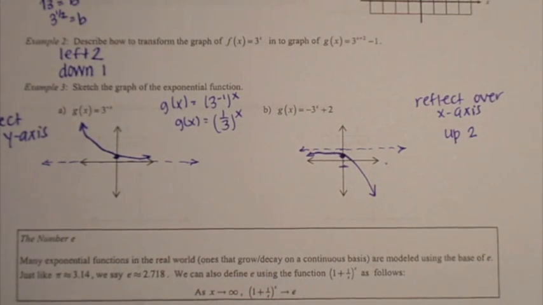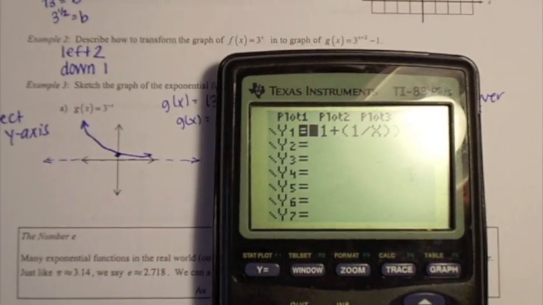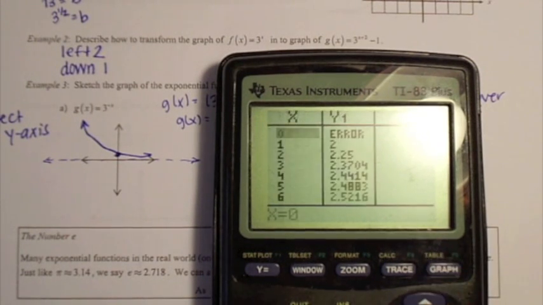Let's try convincing ourselves that this function approaches e using the table function of our calculator. So we can graph 1 plus 1 over x raised to the x, and then we can look at the table, and we'll see it's slowly increasing, and then starts increasing a little bit faster.